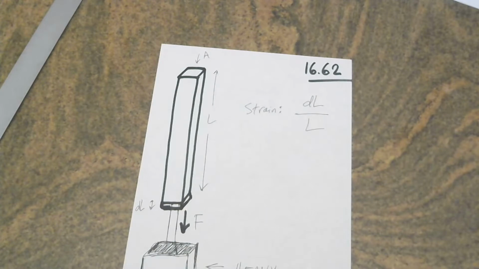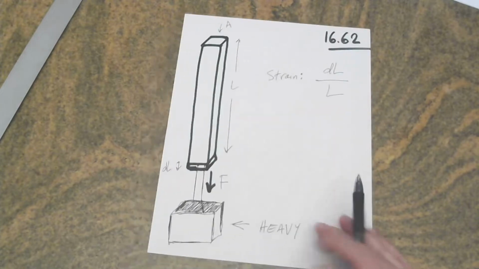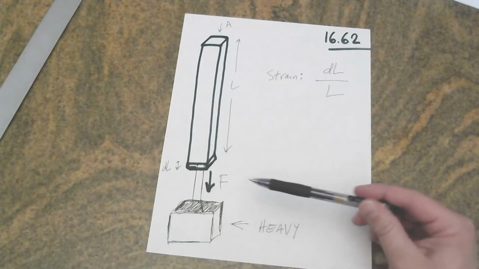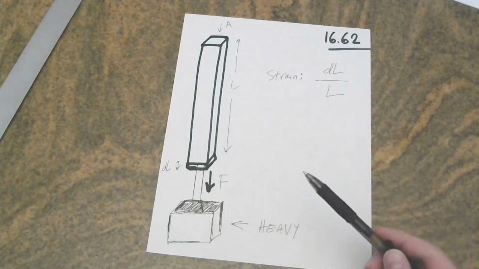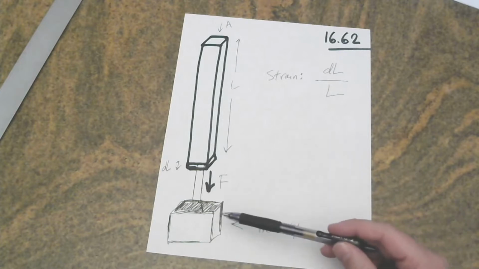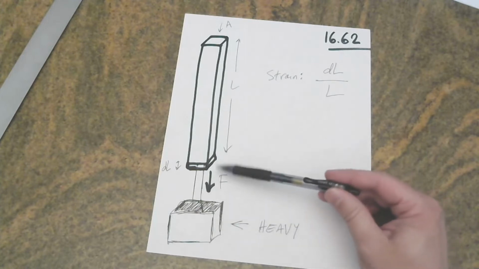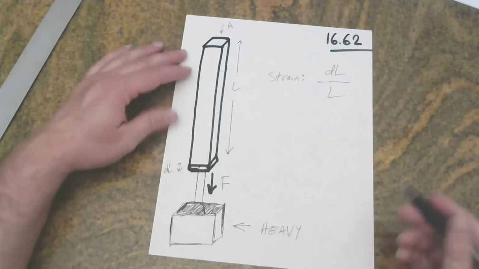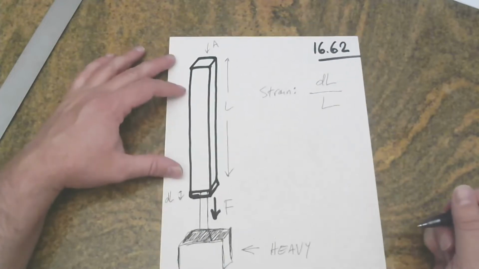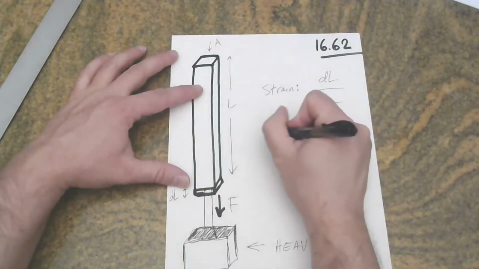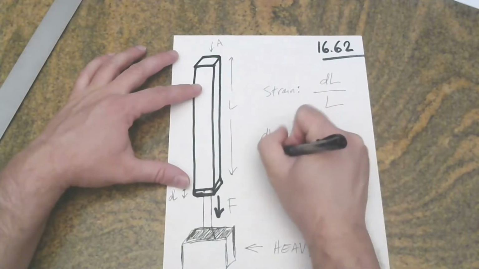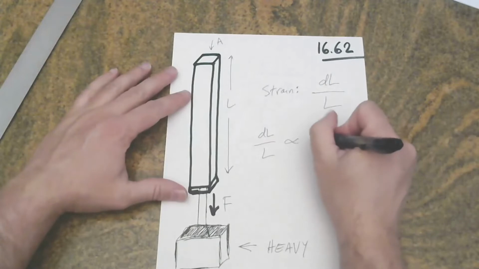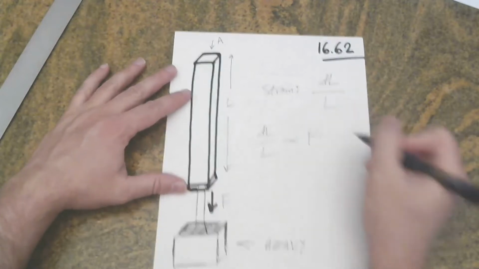And we can make a couple of observations here. By the way, the weight hanging down here, let's say that the weight is the letter F, F for force. If this thing weighs 100 pounds, then the downward pull on the rod is also 100 pounds. I think it's fairly clear that the strain, DL compared to L, should be proportional to how much weight you hang from the rod.